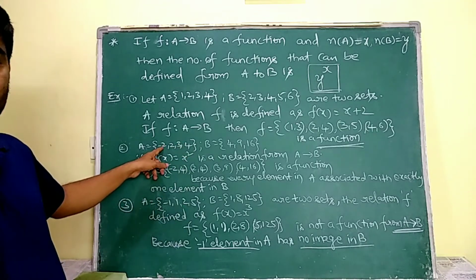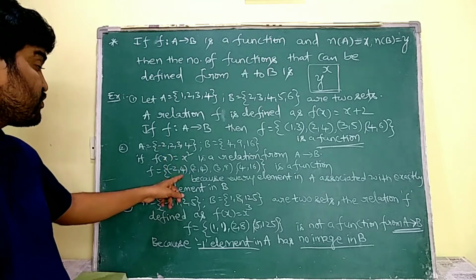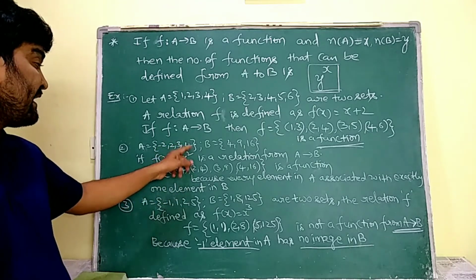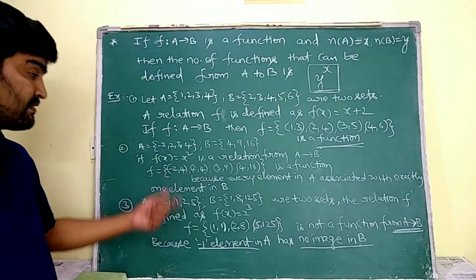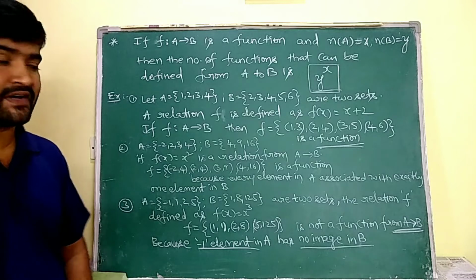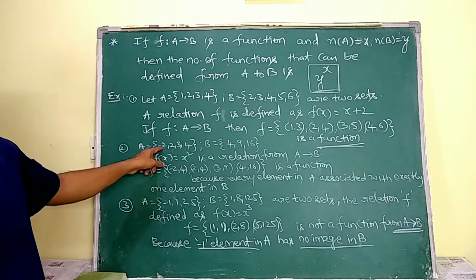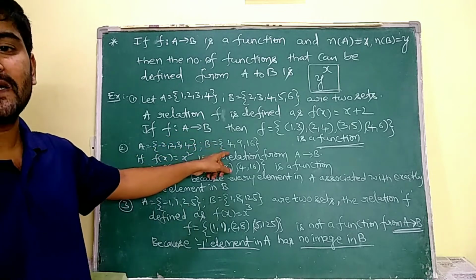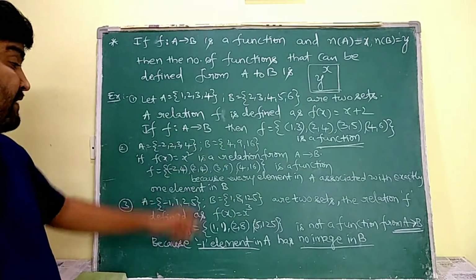If I substitute -2 in the place of x, then I get 4. So (-2, 4), (2, 4), (3, 9), (4, 16). These are the ordered pairs in this relation. Now see, this relation is a function. Why? Because every element of the domain A is associated with exactly one element of B. So this is a function.